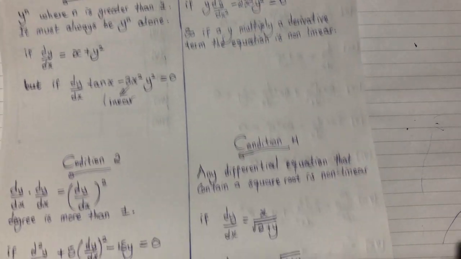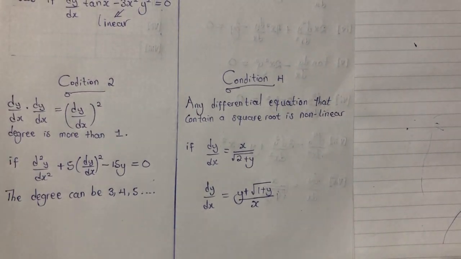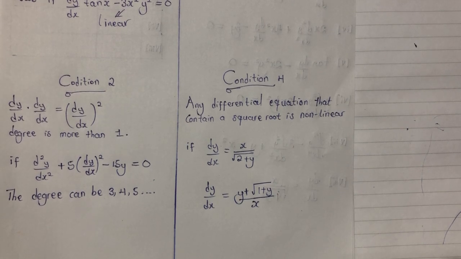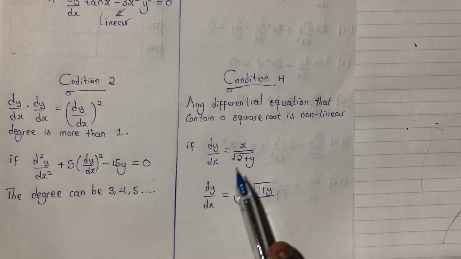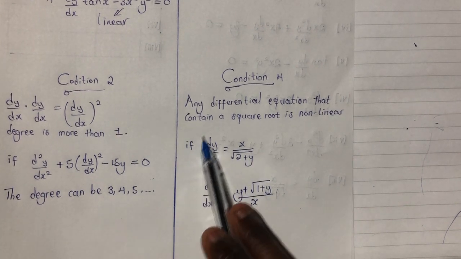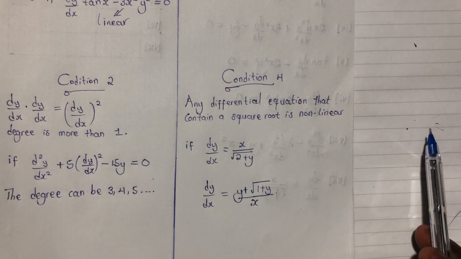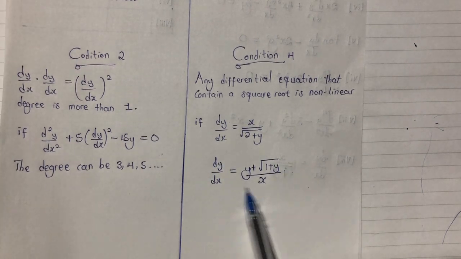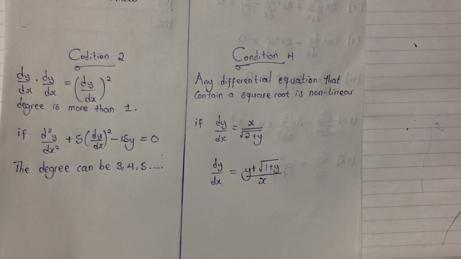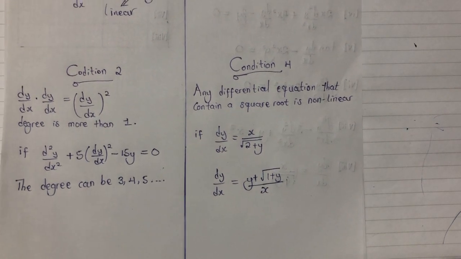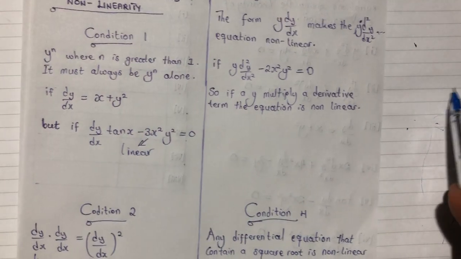Then our final condition, this one, any differential equation that has a square root is nonlinear. When we look at this, we have a square root here, so the whole equation is a nonlinear differential equation. And for this one, we have a square root here, the whole equation is a nonlinear differential equation. So these are the 4 basic rules.